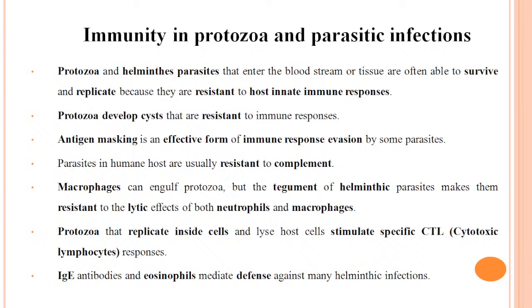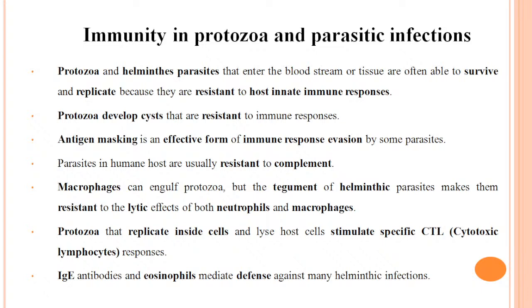Protozoa that replicate inside cells and lyse host cells stimulate specific cytotoxic lymphocyte responses. So the first immune mechanism that is effective against protozoa and parasitic invasions is cytotoxic lymphocytes, CD8 cells that release cytotoxic substances to kill these cells.